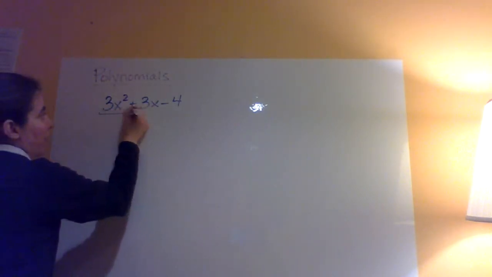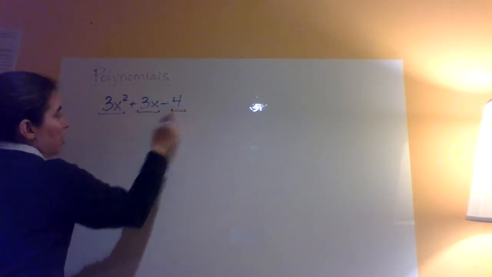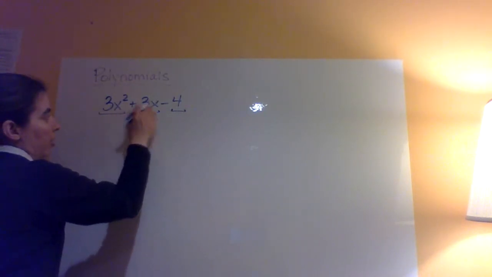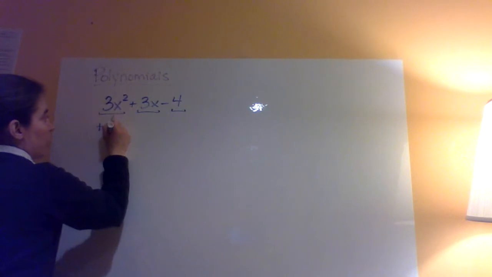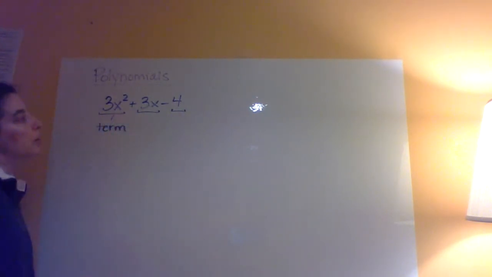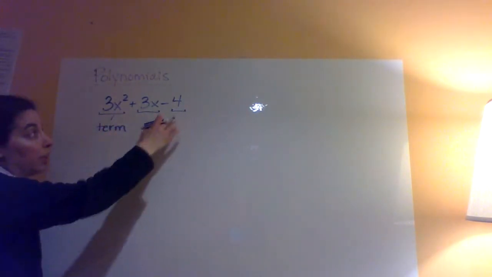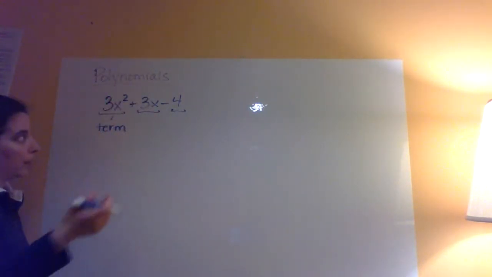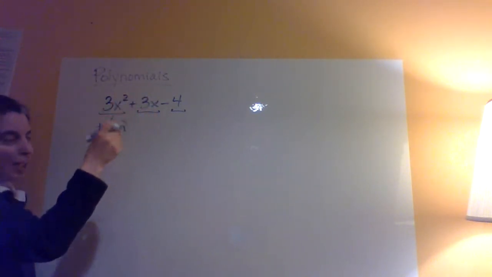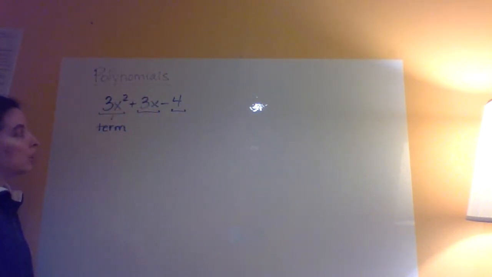Okay, so it's made up of parts that are separated by addition or subtraction. Each of these is what we call a term. So a term can be just a number, it could be just a variable, just an x or a y, or it can be a product of those. Like 3x is a product of a multiplication, right, of a number and a variable.